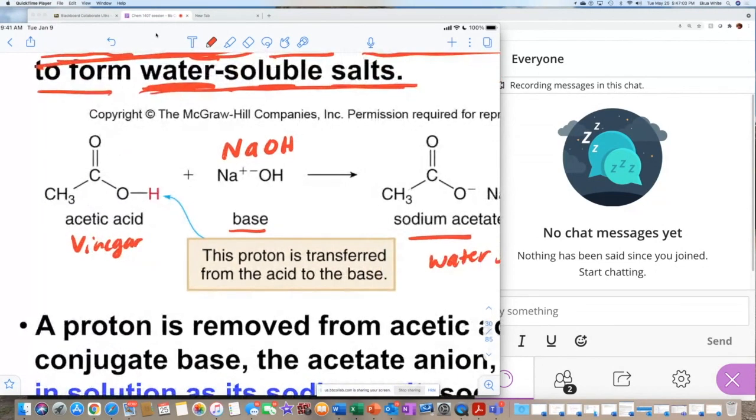So you see right here, you have your sodium ion, you have your hydroxide ion. Well, what happens? Something called a replacement reaction happens where, remember from other chemistry classes, the hydrogen tends to form a positive ion, and sodium forms a positive ion.